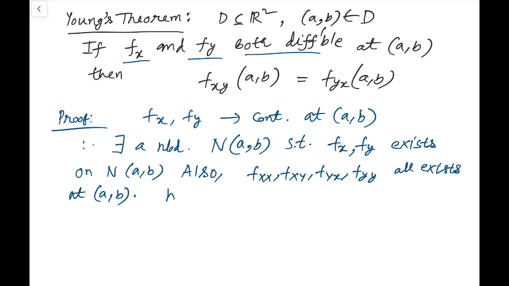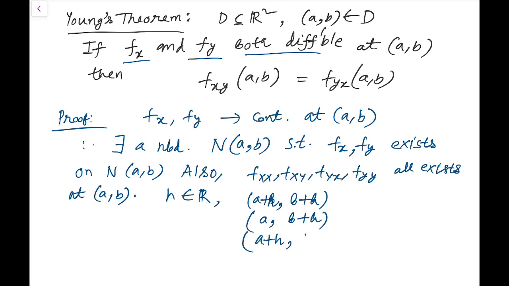अब एक रियल नंबर h चूज कर रहे हैं R से, शो दैट ये जो पॉइंट हो रहा है (a plus h, b plus h), (a, b plus h), (a plus h, b), (a, b), all these 4 points belong to N(a, b).